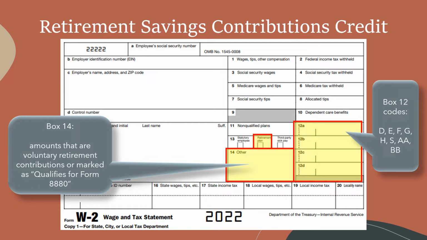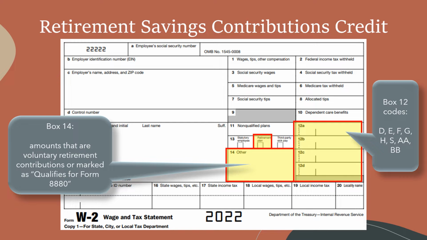Let's look at some places where we can figure out if this person has made qualifying contributions. And the first place we'll start here is the Form W-2. And there's a few boxes that can give you clues that this is something we should be asking about. Remember, our box 12 has a bunch of different codes that refer to different types of items that have some sort of a tax consequence.